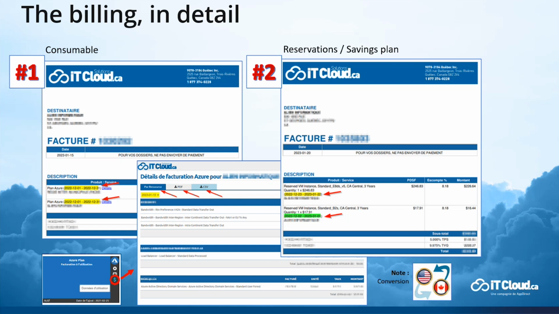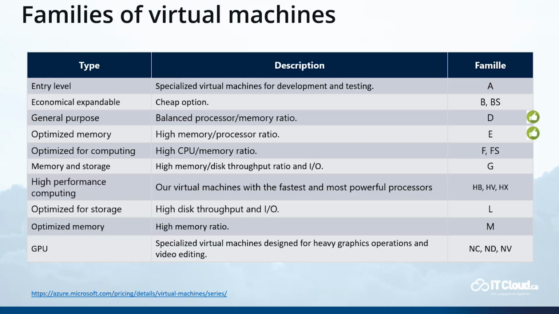So it could vary depending on the conversion percentage of the month. So no, there is no possibility to fix the price 100%. We always act after the conversion percentage from Canadian to US dollars. So unfortunately, we are tied to that. So keep in mind the fluctuation. It's the word I'm looking for.